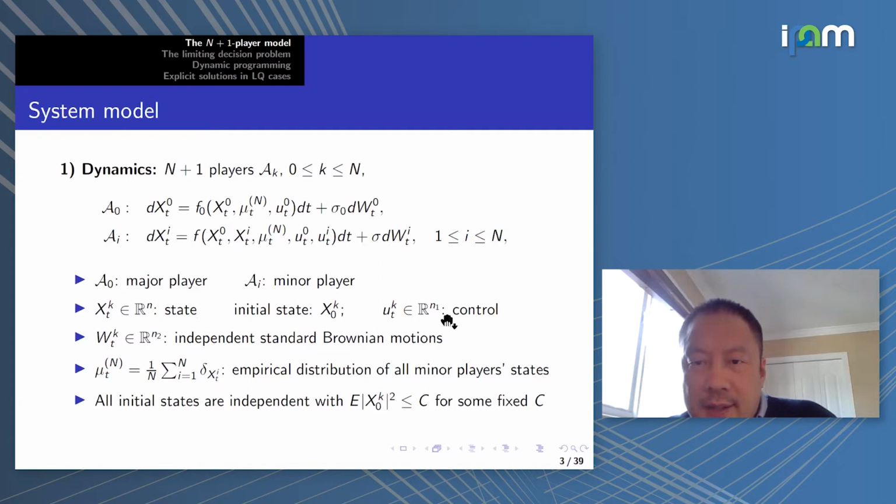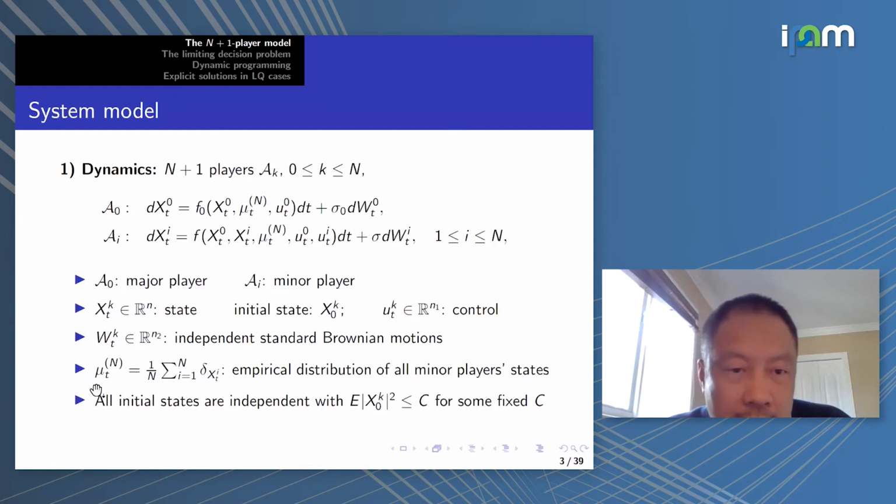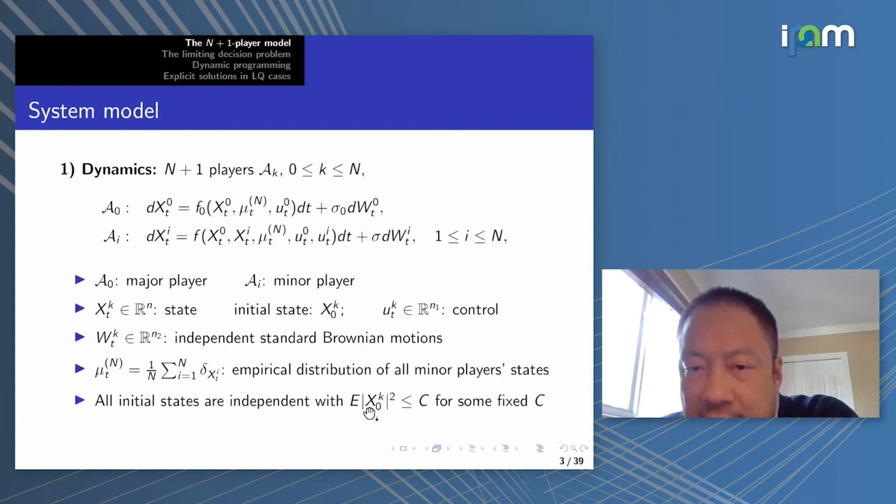We have the control u_t^k, and then the independent Brownian motions in the SDEs. Here, this mu^n is used to denote the empirical distribution generated by all the minor players. And we also have a little bit of assumption about the initial states.